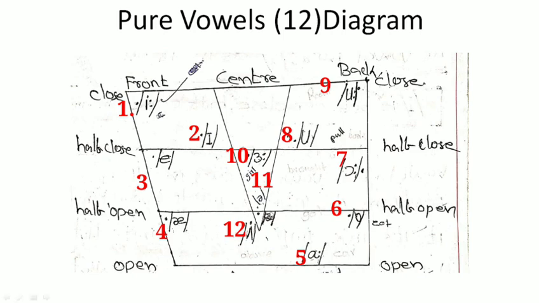This is a front vowel. These four vowels are front vowels. This is almost near close position, and this one comes between two slashes, between close and half close.